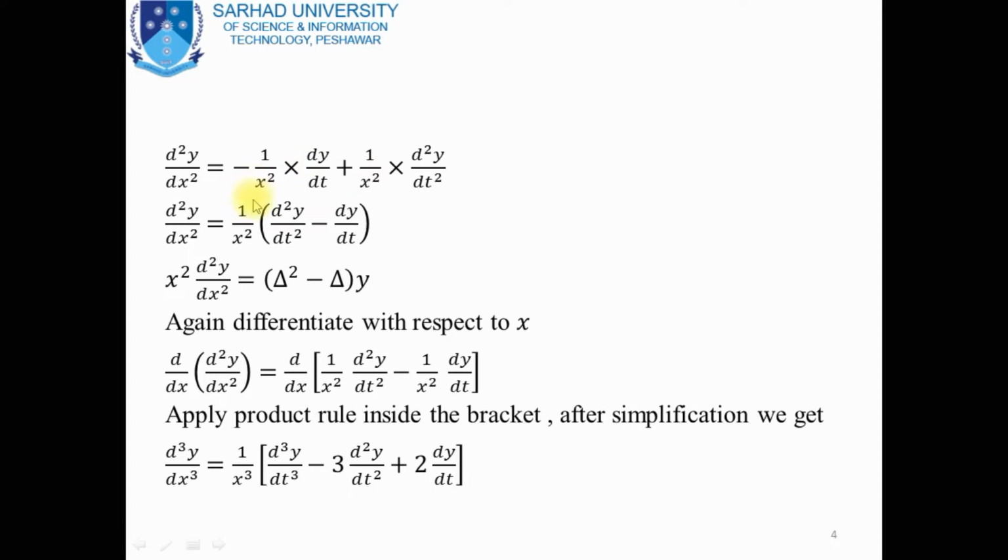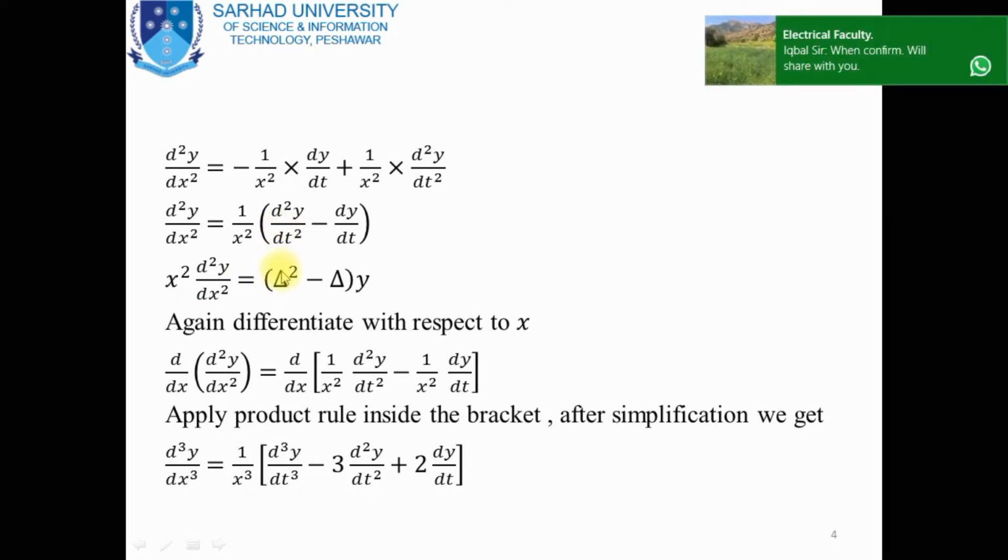Now taking 1 over x² common, we obtain d²y/dx² is equal to 1 over x² into (d²y/dt² minus dy/dt). Multiplying both sides by x², we obtain x² d²y/dx² is equal to (D² minus D) y.